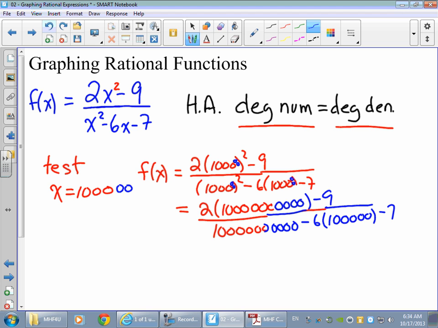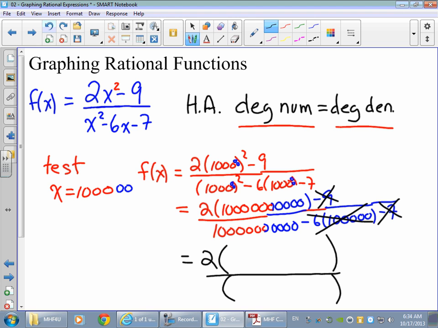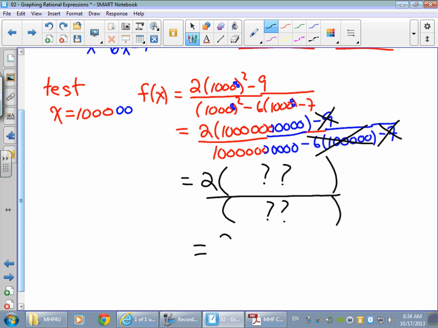And again, the 7 doesn't change at all. And so what ends up happening is, as my numbers get big enough, this value becomes irrelevant, this value and this value become irrelevant. And we end up with 2 times whatever my x squared value was divided by my x squared value. And 2 times anything divided by that same thing again ends up giving us the value 2.